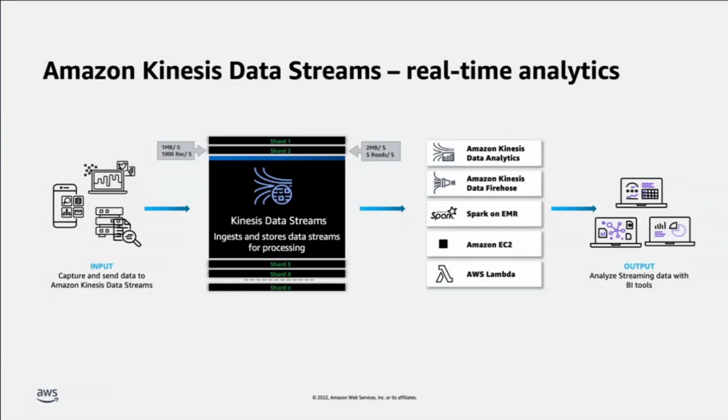It has a 24-hour to 365-day retention capacity for playback requirements, and shards are the way to define capacity in Kinesis Data Streams. Along with the provisioned mode for shards, we recently added an on-demand mode that automatically scales the capacity in response to varying data traffic.